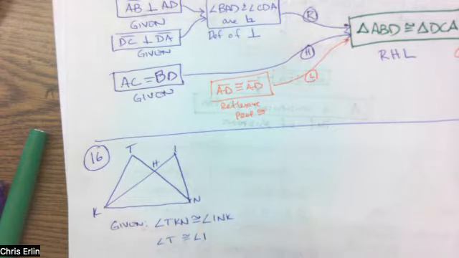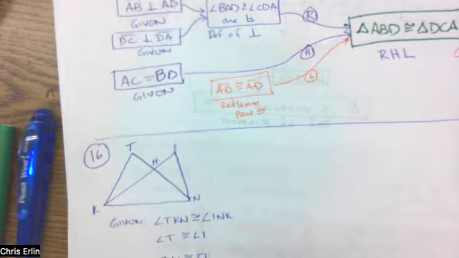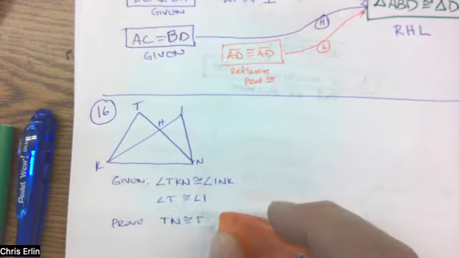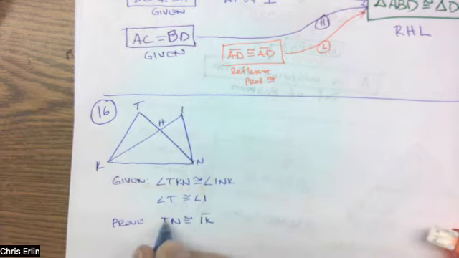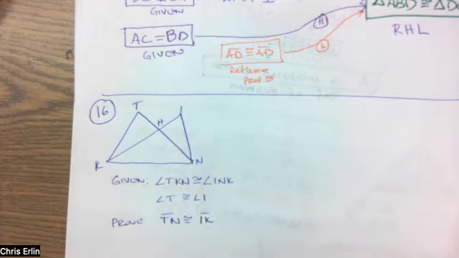Okay, and here we're trying to prove TN is congruent to TK. Oh, IK. Take a moment, please, to look at this and see if you can put together a strategy. How would you approach this?